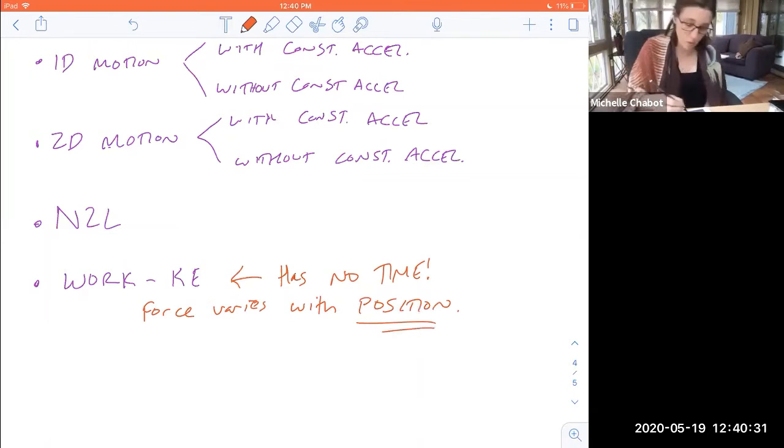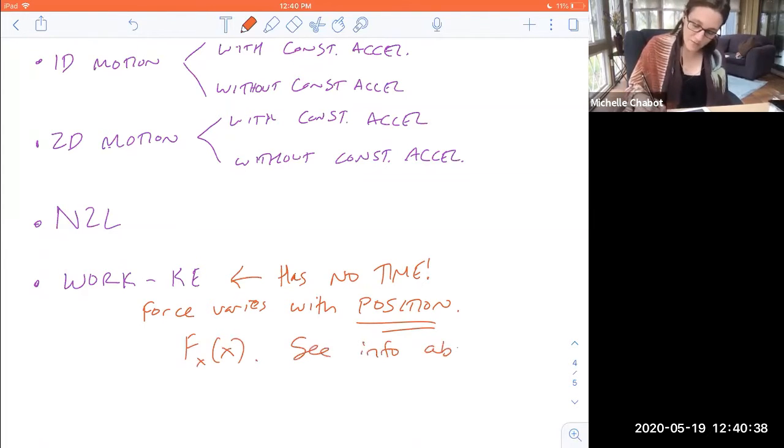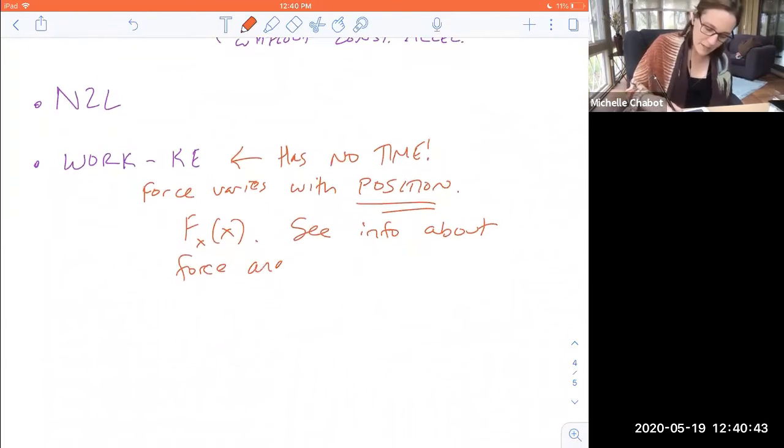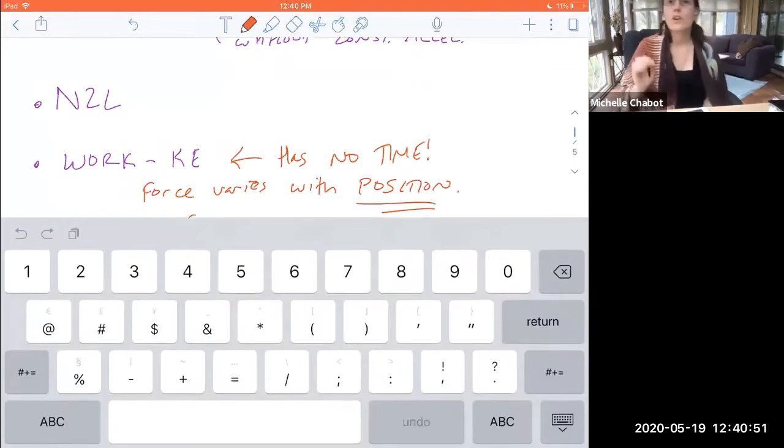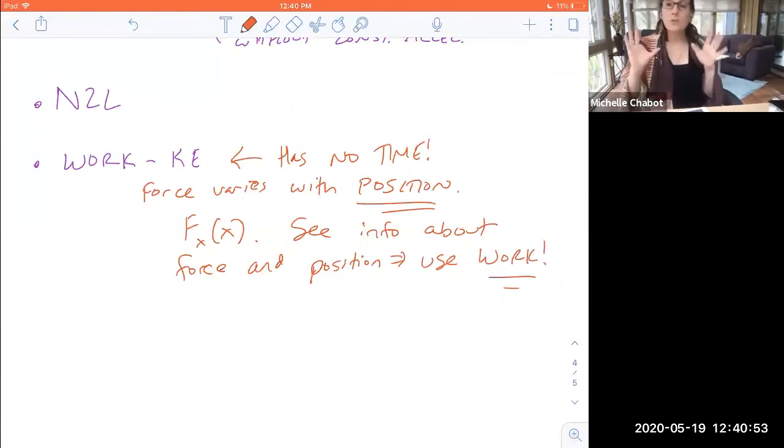So if it's a variable force, you would have F sub x as a function of x. If you see information about force and position, then you're going to want to use work. Right away, when you see information about force and position in a conceptual question or in a problem, you should start recognizing that you need to use work and work-kinetic energy. That's what we want to remember.